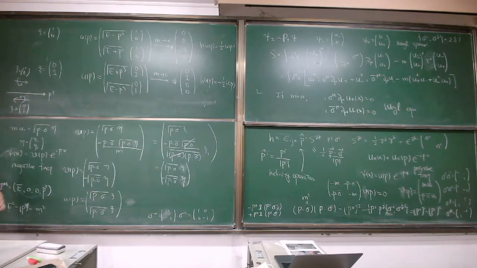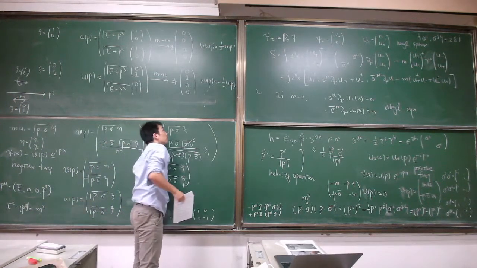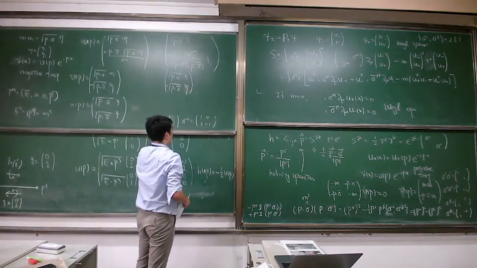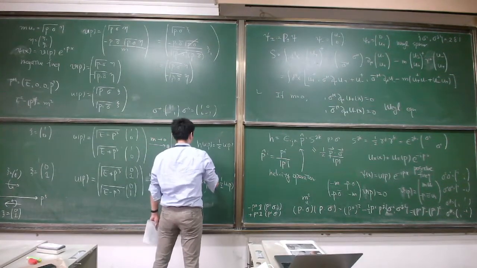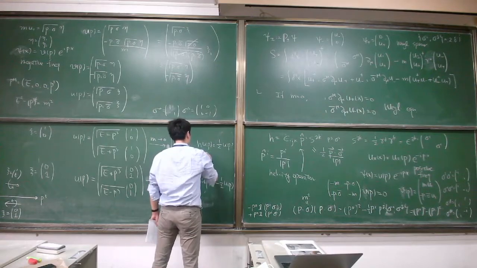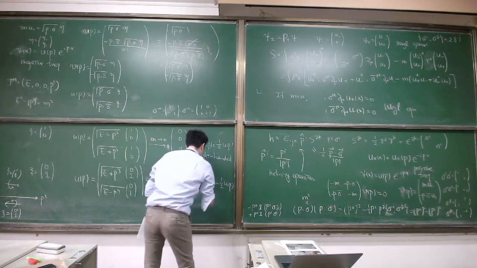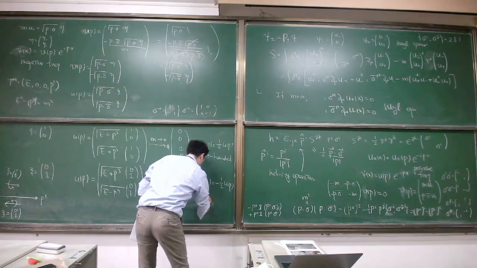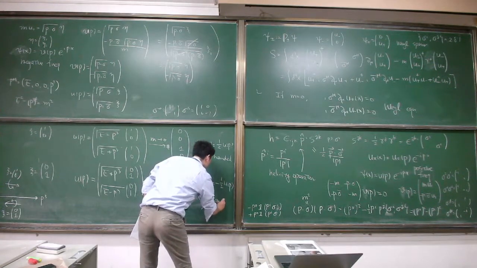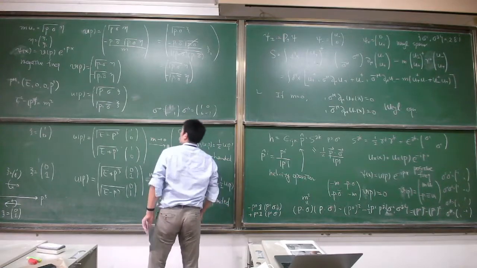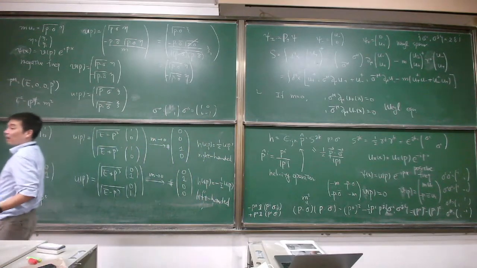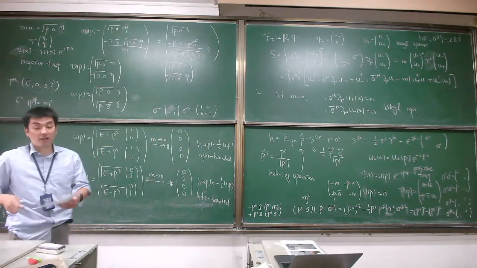Therefore, this is the right-handed chirality, and this is called left-handed chirality. So it's called chiral. Chiral means right-handed or left-handed.